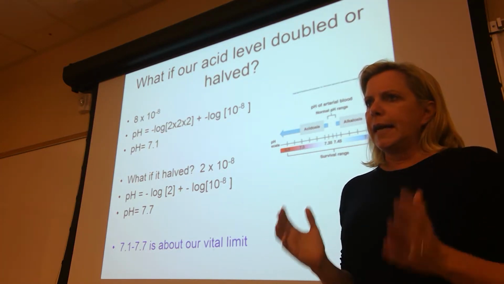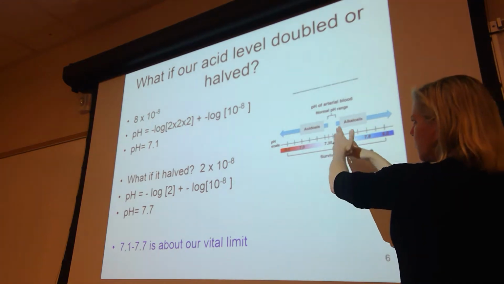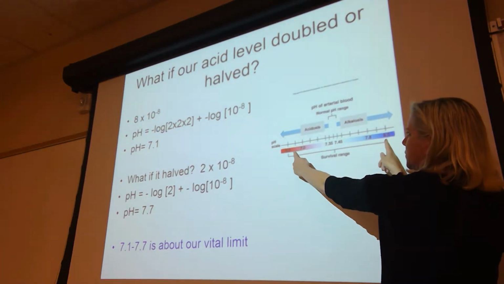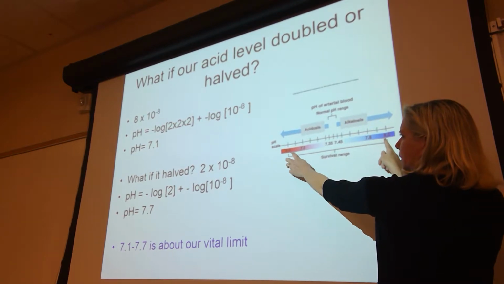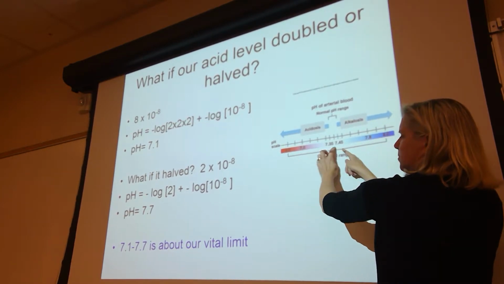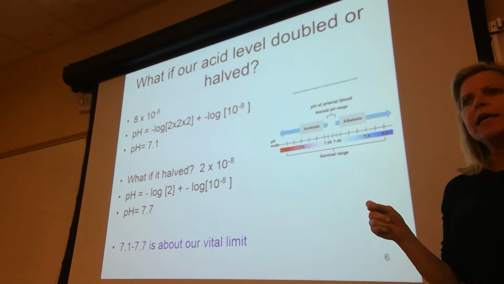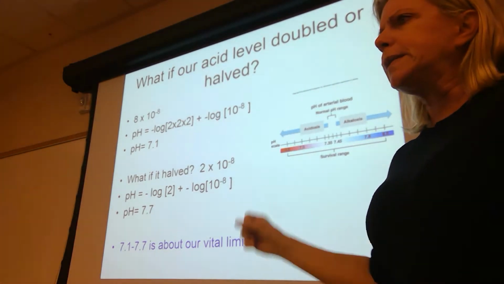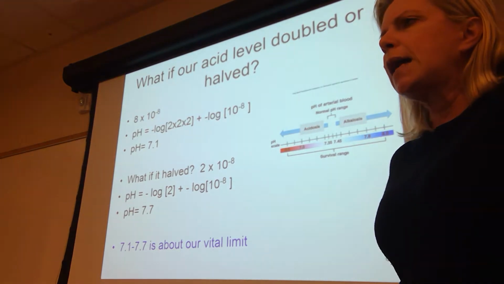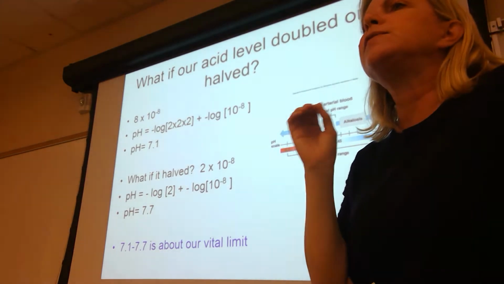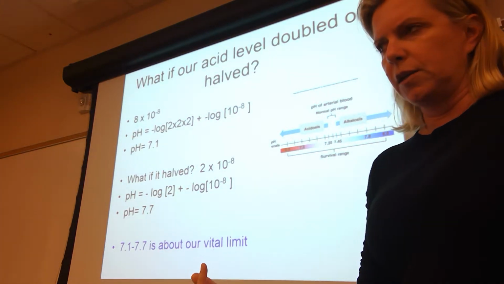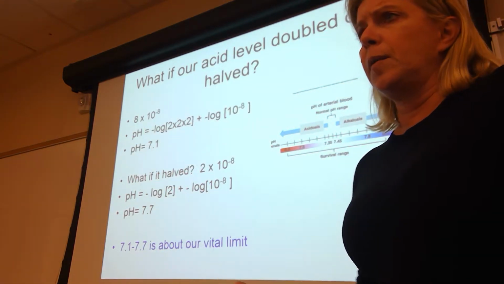If you do not calculate a pH in normal range, again, 7.1 to 7.7, it's actually a little bit higher than that, a little bit lower than that, but that's a good estimation. If you calculate -2 or 2 or 28, 14, 19, it's not viable. You have done the equation incorrectly. Check your order of operations.